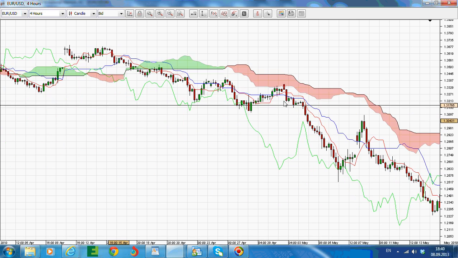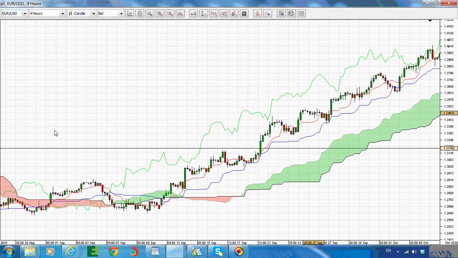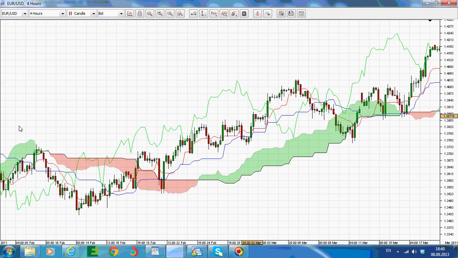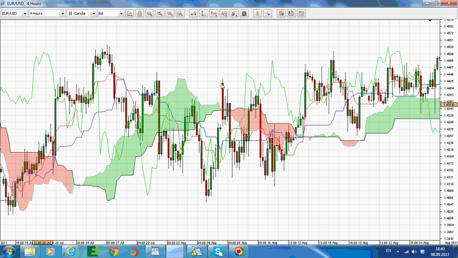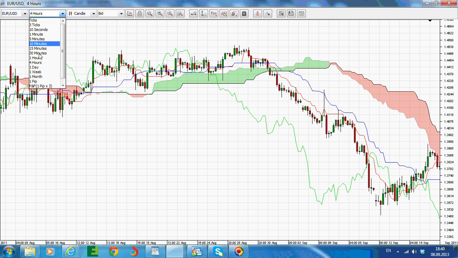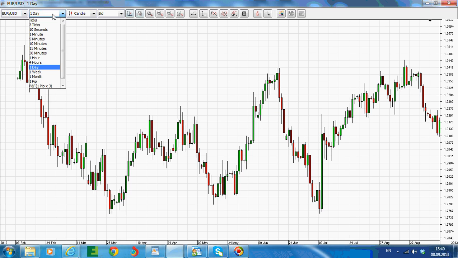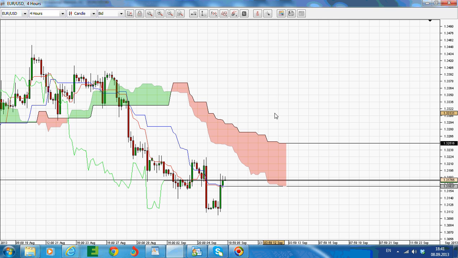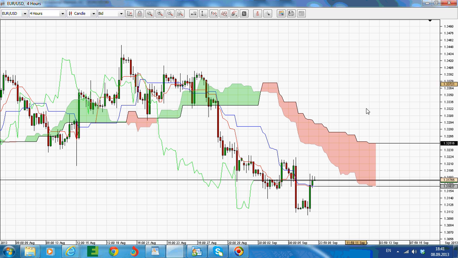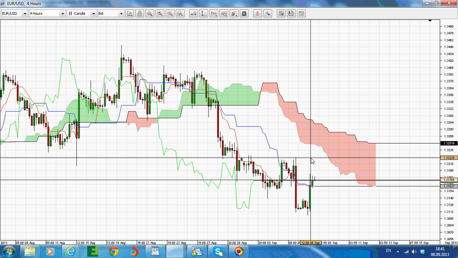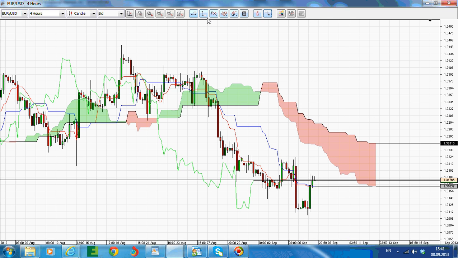Now if you go on the current price, let's try to see the current prices here. Let's try to go on the time frame. It is showing both the current price levels here for the Kumo.